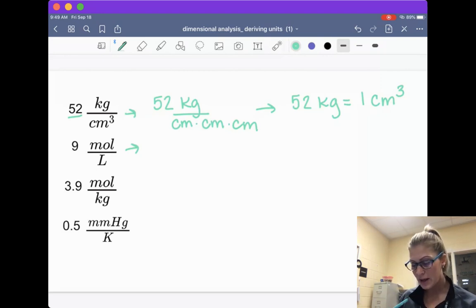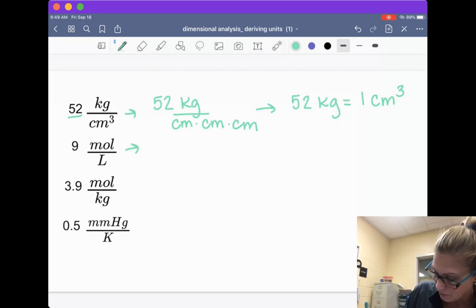So here we have the value of mole, which is a unit that represents an amount of a substance, over liter, which is a volume. So amount of substance per volume. That's what that's saying to me. We have 9 moles per liter. So what does that mean? Well, that means that for every 9 moles, we have 1 liter.